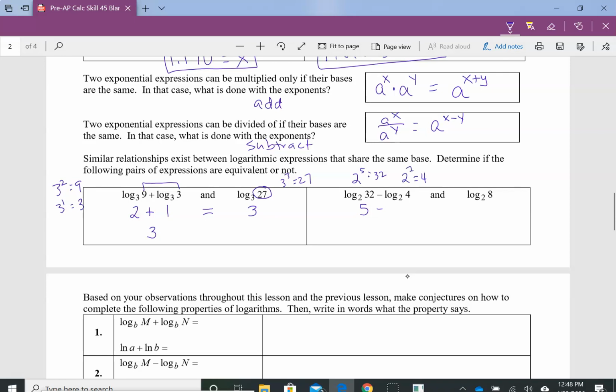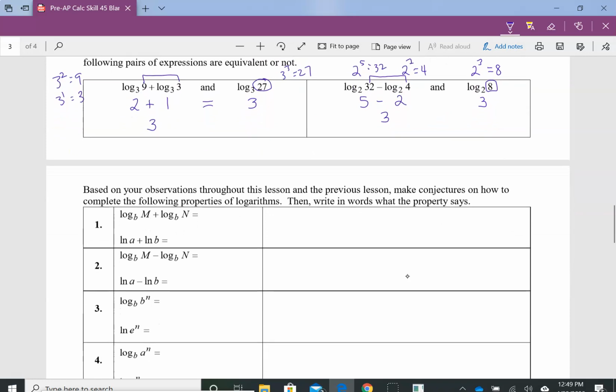Well, that'd be squared. 5 minus 2 is 3. Log base 2 of 8, so 2 to what power makes 8? That would be the third power. So, what could I have done with the 32 and the 4 to get this 8? If you said subtract, or divide them rather, you would have been correct.